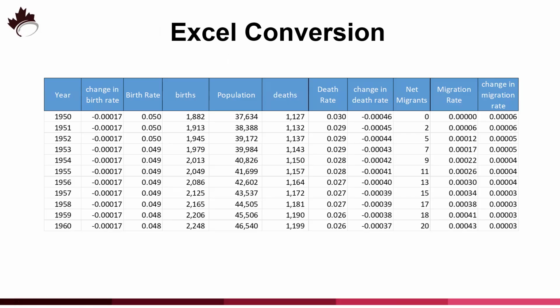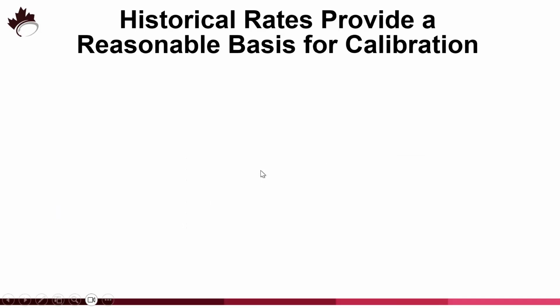So you see each row is a year of the simulation, with a time step of 1 year. And then each column is a variable. And we show here the population as a stock, birth rate as a stock, and so on, all the different rates, and the births and deaths and migrants.